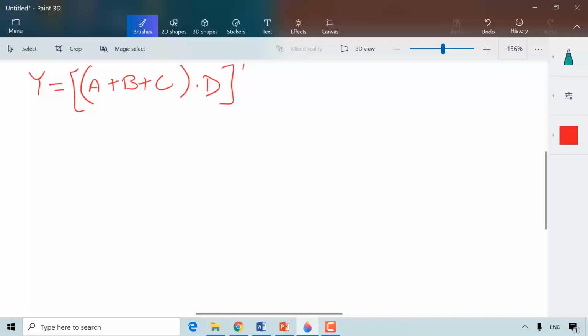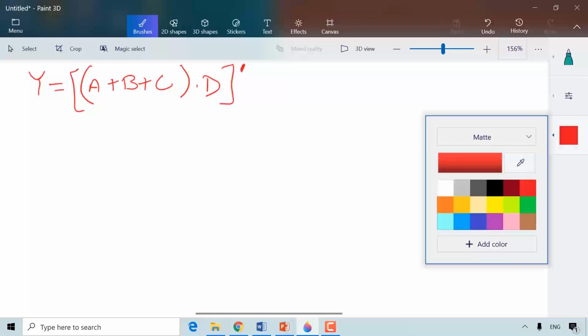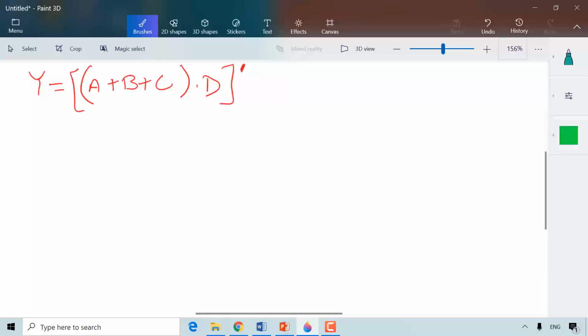Notice the prime here. First of all, let's start with the NMOS subtree. What do I have here? I have ORing, followed by an ANDing. And so I have something in parallel.